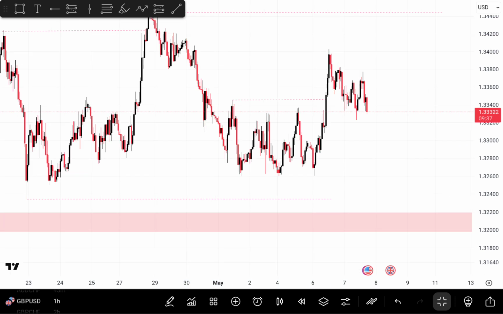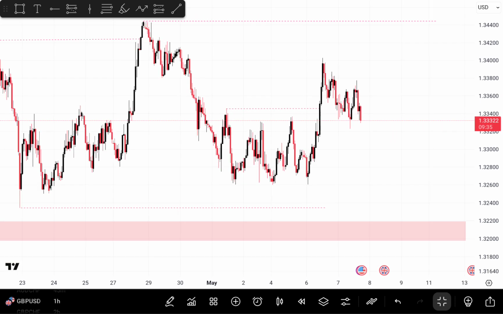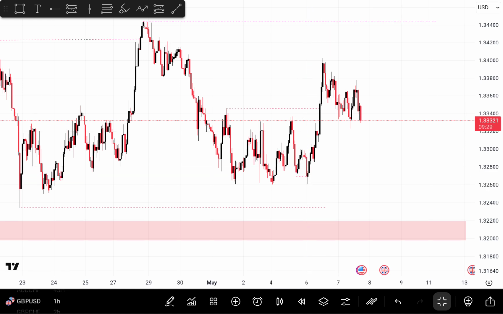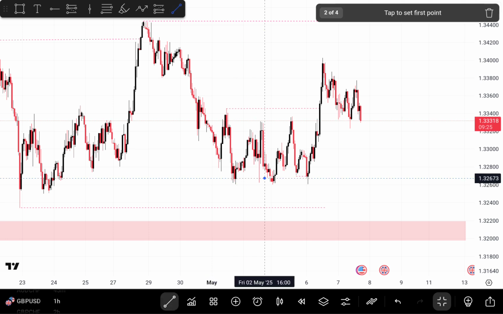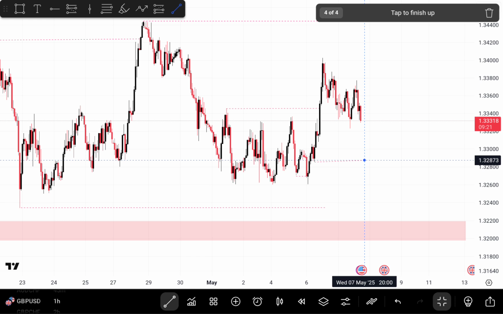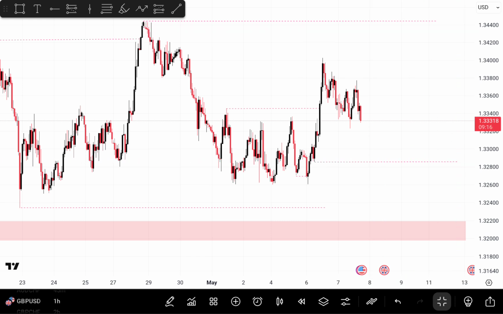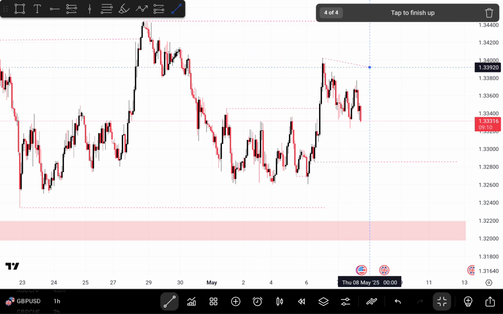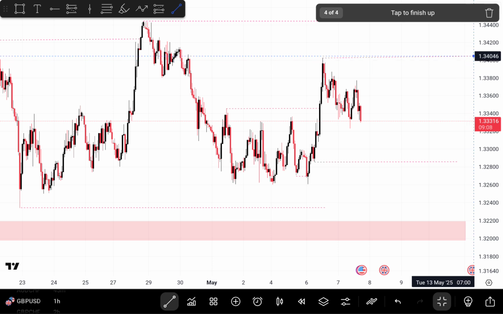And this is my liquidity sweep. You can see break of structure, liquidity sweep. Then my structural liquidity, that is the last low before the main low. This is it. Then I will be expecting my take profit around this place.